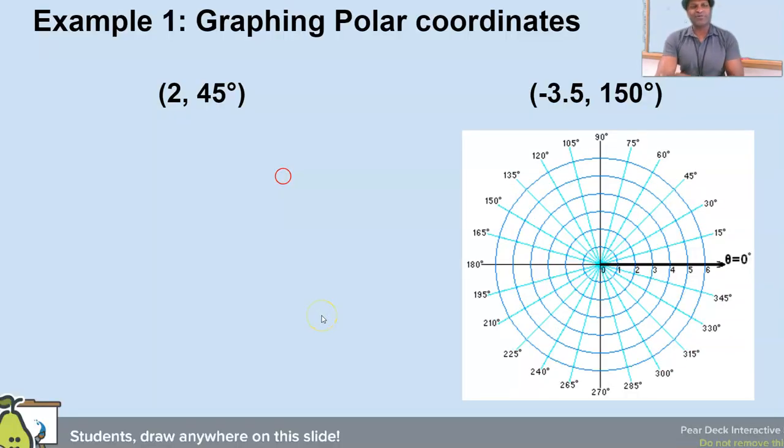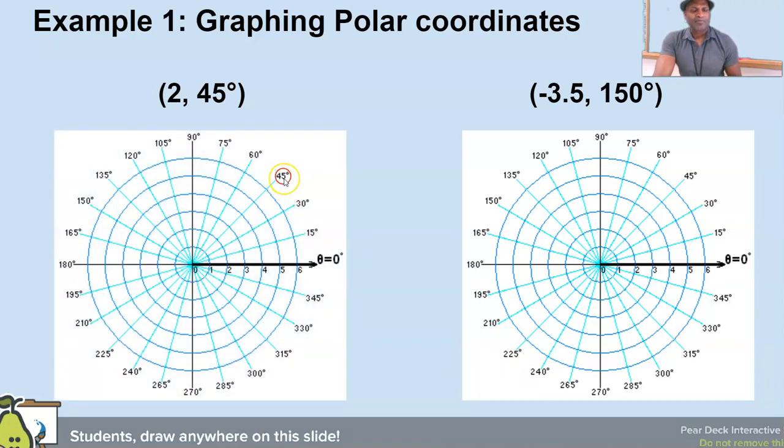So let's say we were going to graph the polar coordinates (2, 45). First thing you're going to do is circle the 45-degree angle where it is, and then go to the origin and draw a radius of length 2.